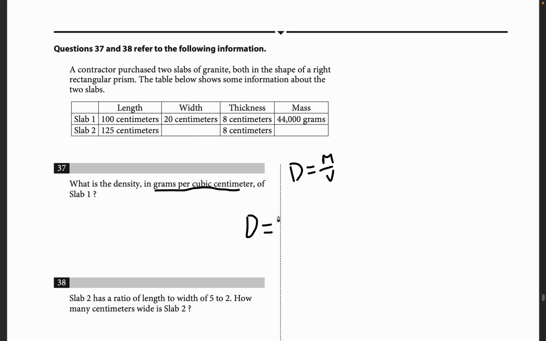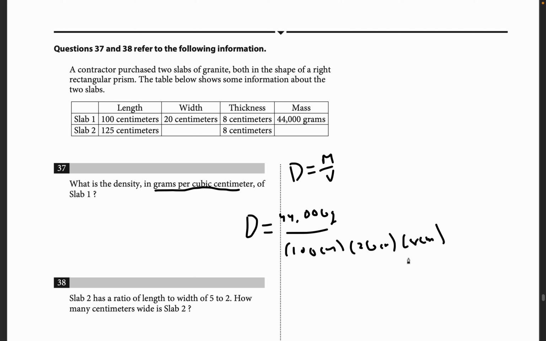So what's the density in this case? Slab 1. So 44,000 grams divided by the volume. What's the volume of a right rectangular prism? That's just the length times the width times the height. So that is 100 centimeters times 20 centimeters times 8 centimeters.